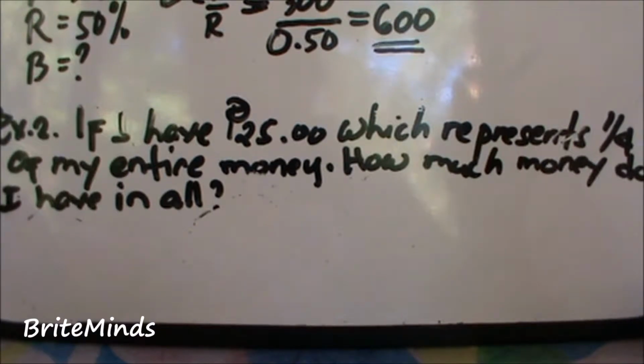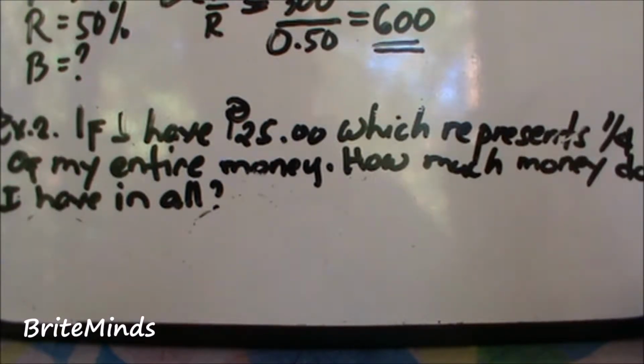Another problem here says: if I have 25 pesos, which represents 1/4 of my entire money, how much money do I have in all? So the problem is telling that I have 25 pesos, and this 25 pesos represents 1/4 of my entire money.